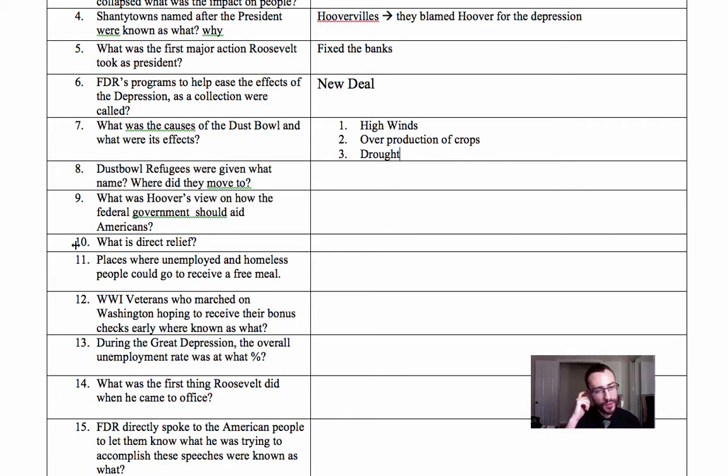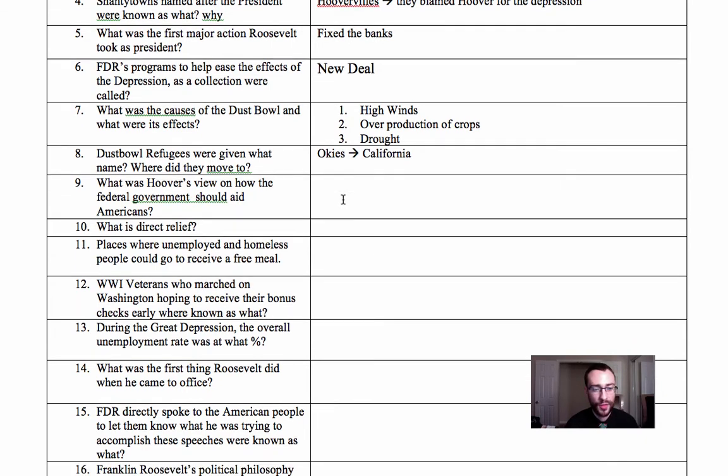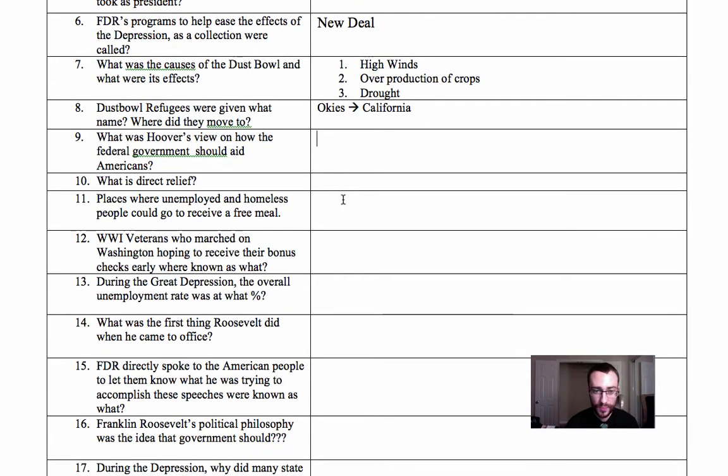Number 8, Dust Bowl refugees were given what name? Well, they were called Okies, and they were moving to California. We went over that also in the Great Depression simulation that we did. Number 9, what was Hoover's view on how the federal government should aid Americans? He did not think that America should help them.